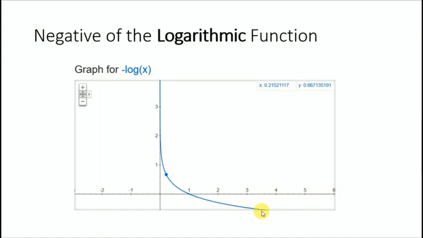Now, if you have a small input, so let's say somewhere here 0.1, then the output is going to be high. If you have a small input somewhere here, for example, between 0.1 and 0.5, then your output is going to be quite high.